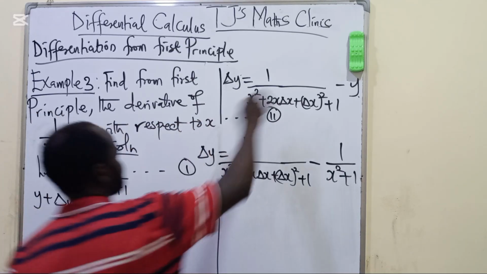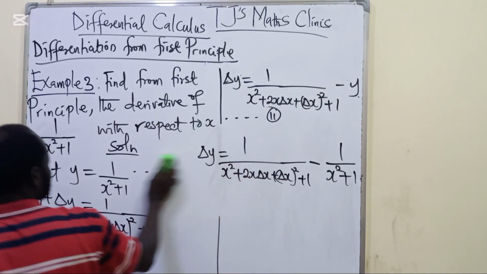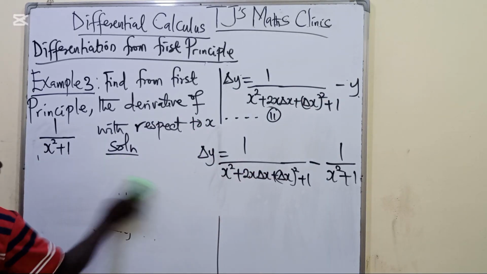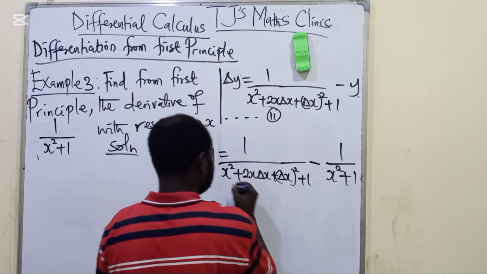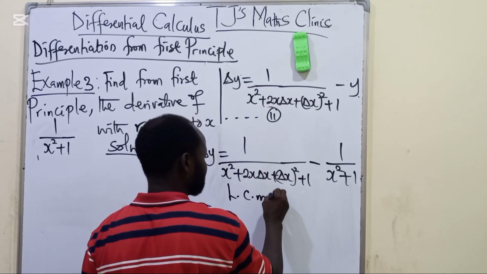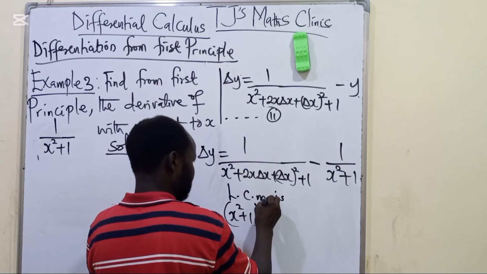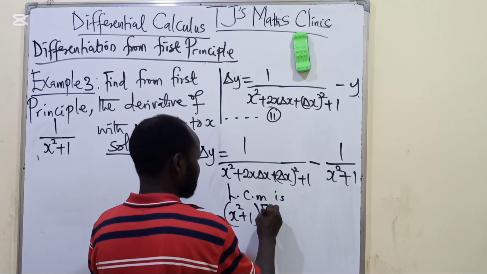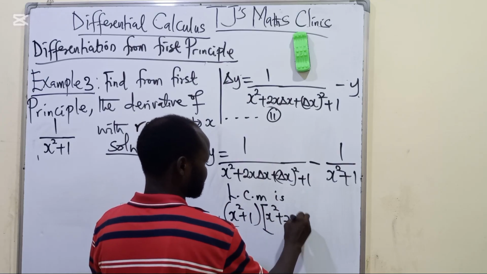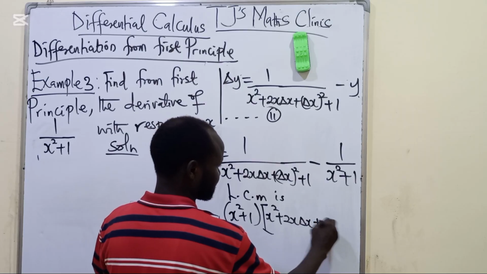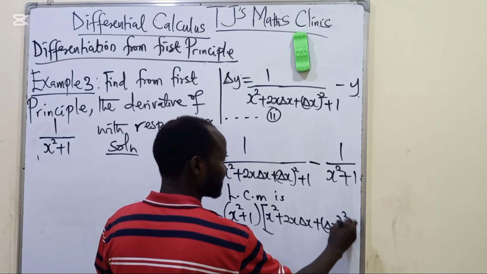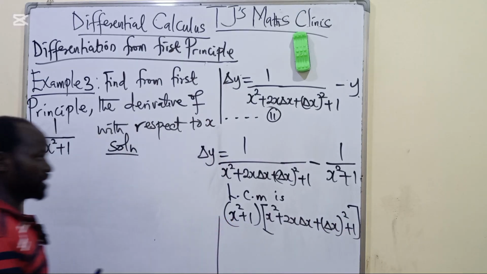So let's find the LCM and simplify. Of course, the LCM now is nothing but x squared plus 1 into x squared plus 2x delta x plus delta x all square plus 1. This is said to be our LCM.